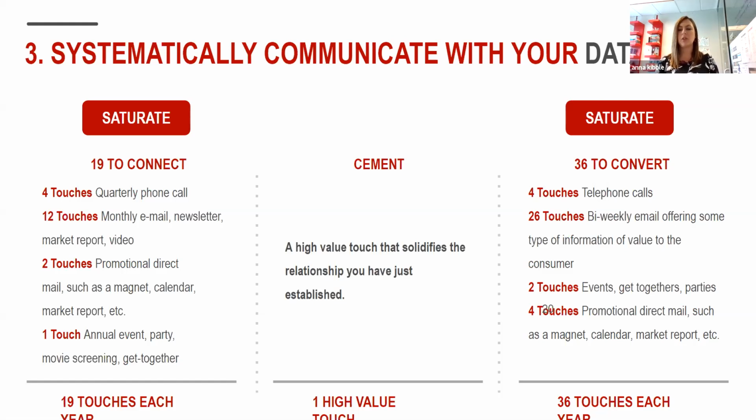Yes, I would like more information on homes in that neighborhood, right? And then they become a contact, and you're going to develop a systematic contact plan that includes at least 36 touches a year. Now, I know that seems like a high number. That's 3 times a month you're going to be in front of your people.